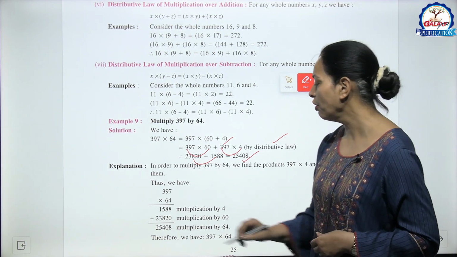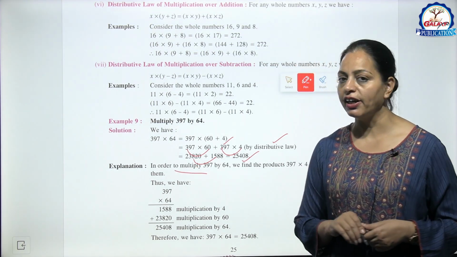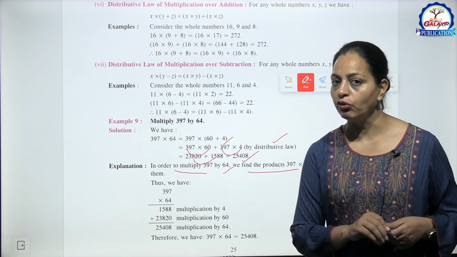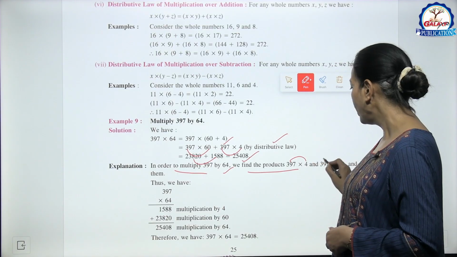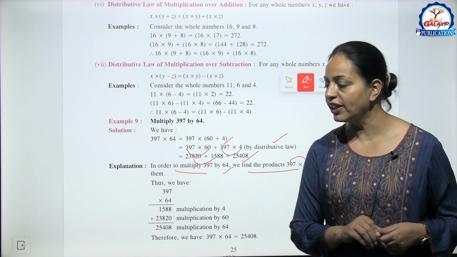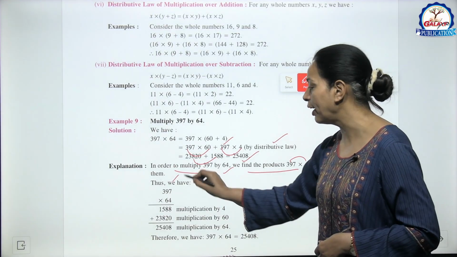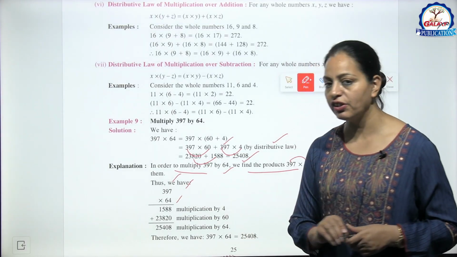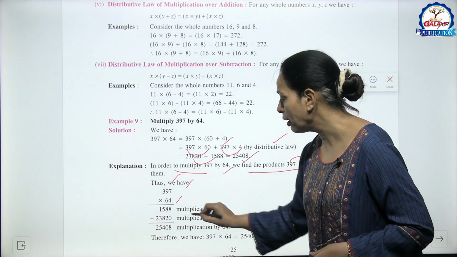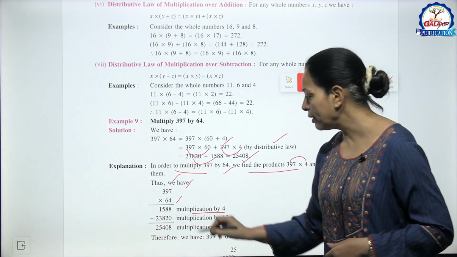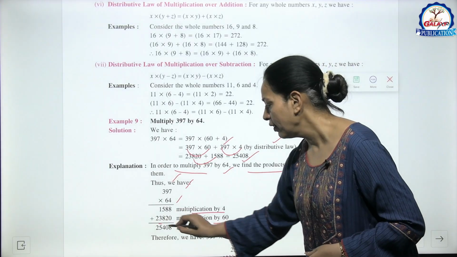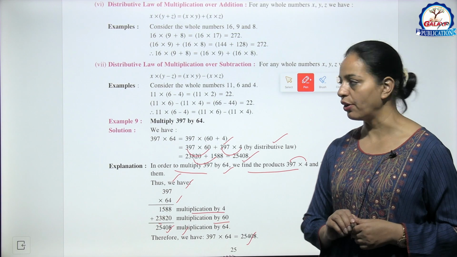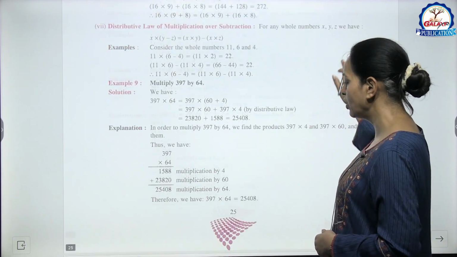Now explanation. In order to multiply 397 by 64, we find the products of 397 into 4 and 397 into 60 and add them. जैसे हम simple multiply करते हैं like 397 into 64. So first multiply by 4, then multiply by 60, then add it. Okay, so this is the answer, right? I hope this is clear to you.